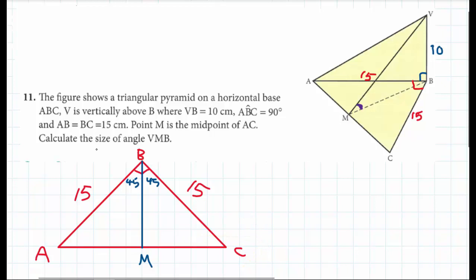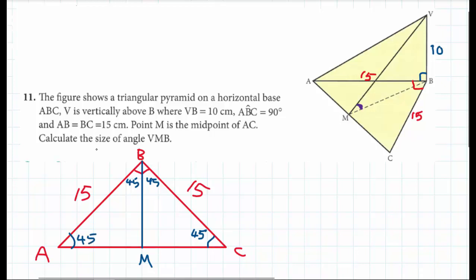This angle B is 90 degrees, and these two angles are equal. So these two angles together must add up to 90, because 90 plus 90 is 180 degrees. It means this angle is also 45 degrees, and this angle is 45 degrees. Why?